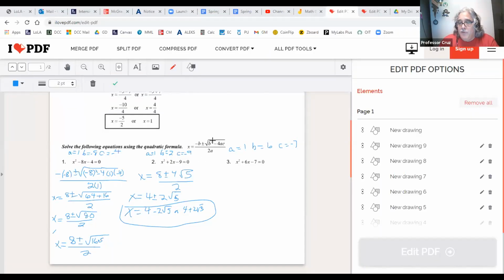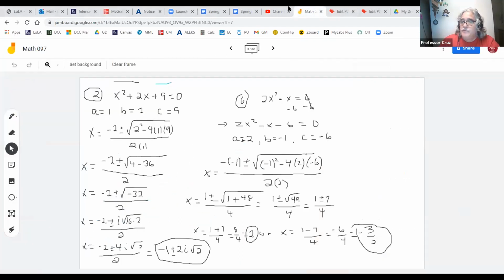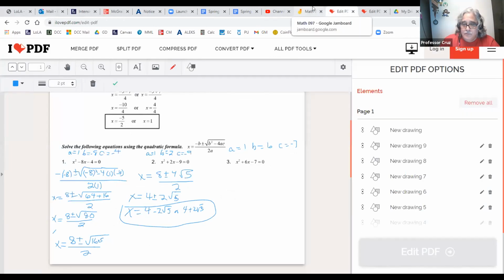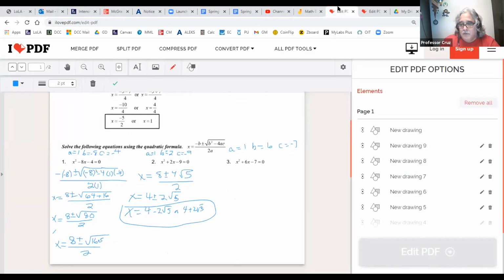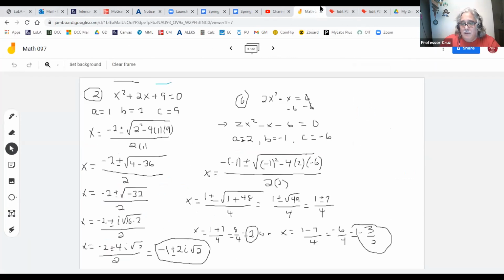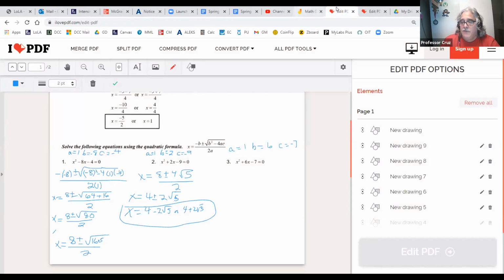So let's go back over here. For this one, like I said, there's not really enough room, so I put it on the board over here. x squared plus 2x minus 9. Oh, you know what? I got plus 9, so I'll have to fix it.